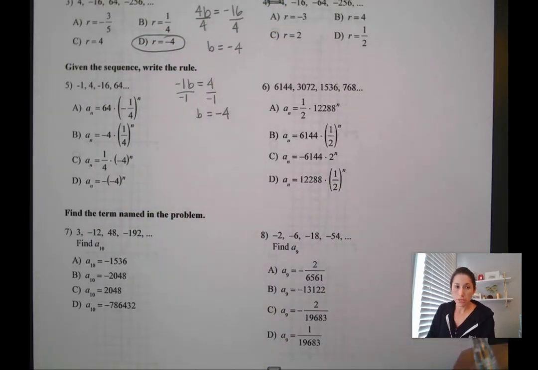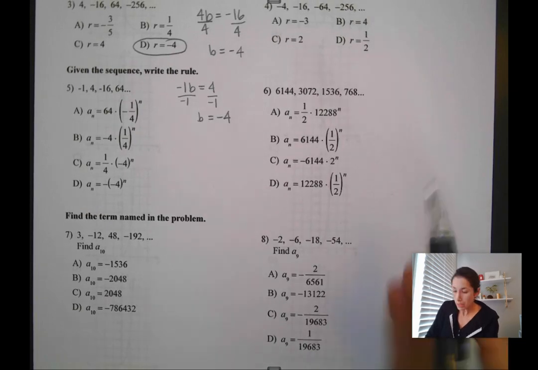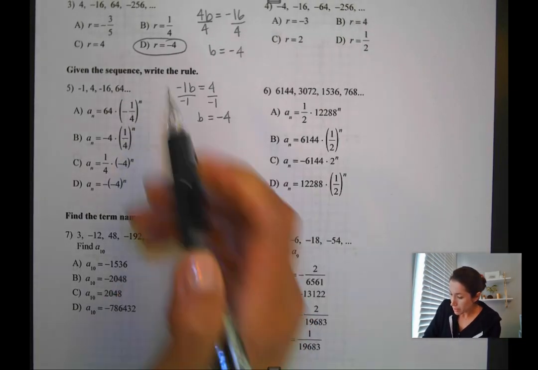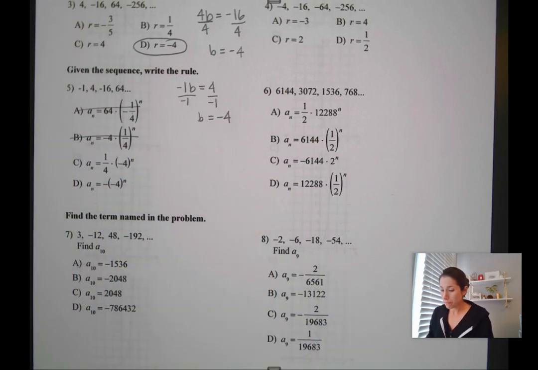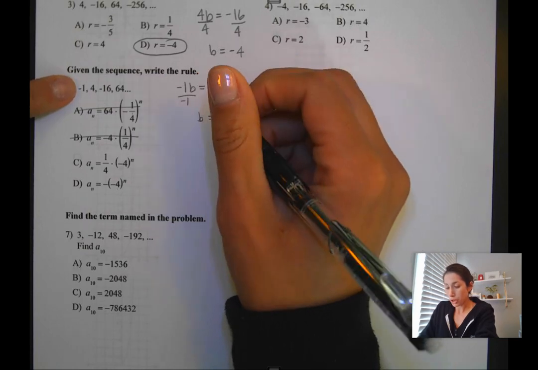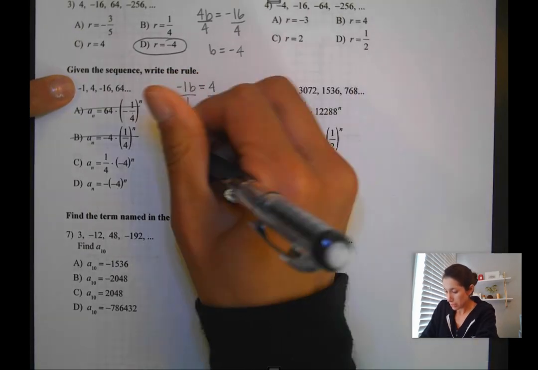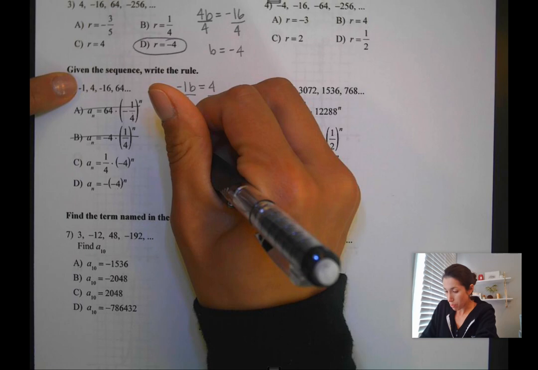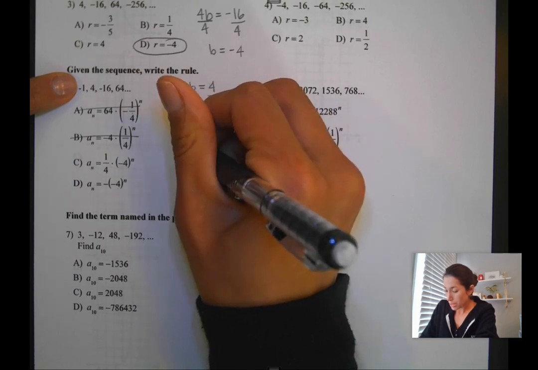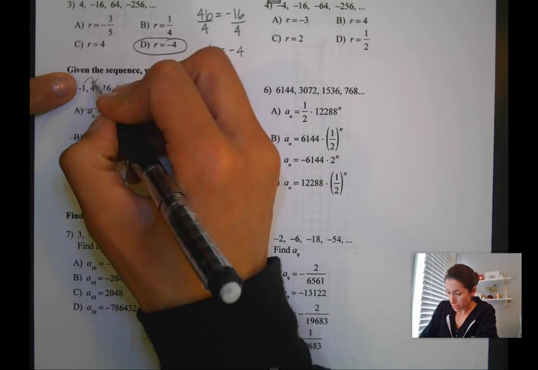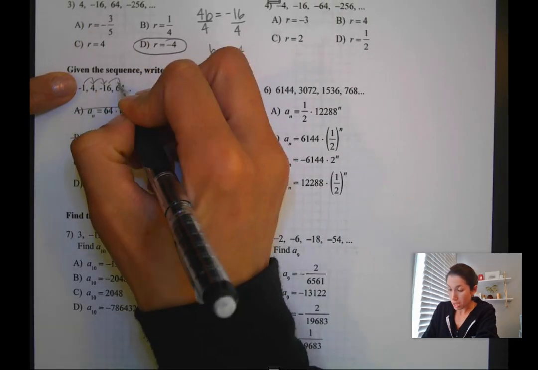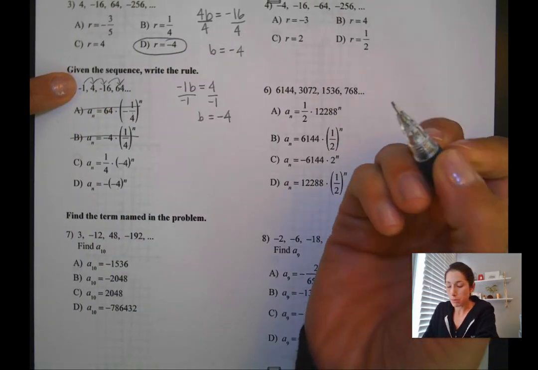And what we also need is our 0th term. So I can go ahead and eliminate these two choices, so I know it's between one of these two here. So what we're going to do, we have our first term. So first term is -1. Instead of multiplying by -4 to get to the next term, we're going to do the opposite of multiplying. So we're going to be dividing.